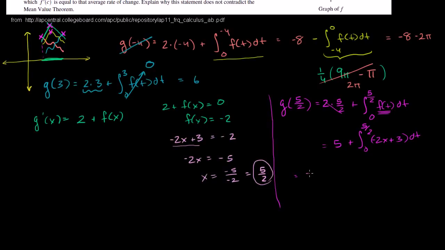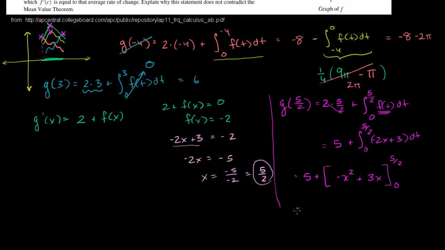So this is going to be equal to 5 plus, I'm going to take the antiderivative. The antiderivative of negative 2x is negative x squared, and the antiderivative of 3 is just going to be 3x. So plus 3x, and we're going to evaluate it from 0 to 5 halves.